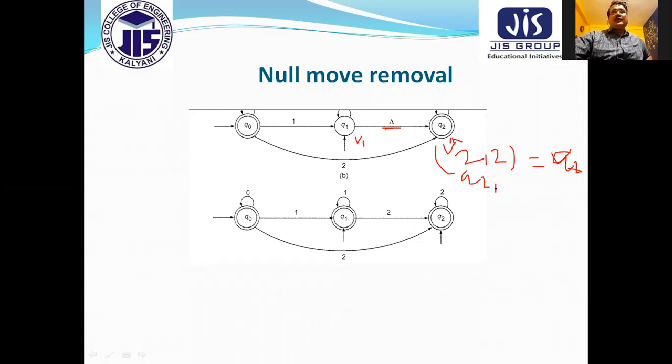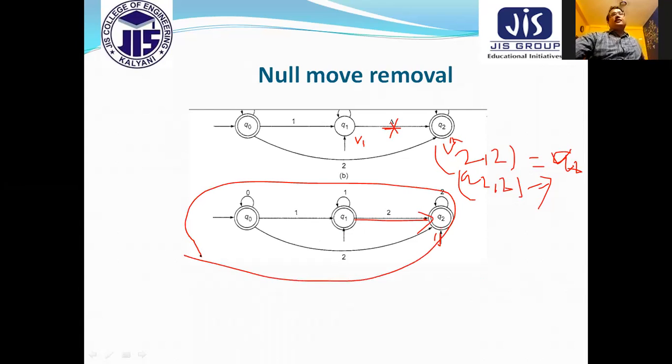Q2 taking the 2 is going to Q2 there. Okay. So we have to delete this part and make this edge from this part. If it is an initial state, already this is the initial state. If it is a final state, this is final. So in this way, we have to remove the null production from the given grammar.